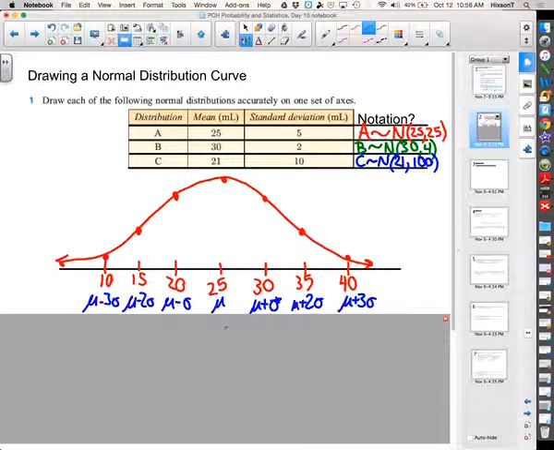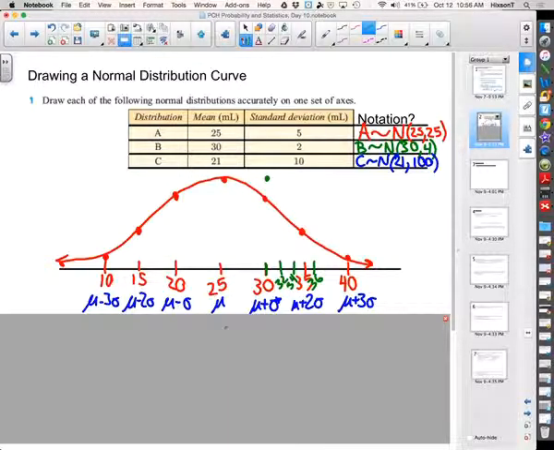My mean is at 30. So I'm going to put the highest point here at 30. And then 1, 2, and 3 standard deviations are all going to be right in that range right there. 30, 32, 34, and 36, right?